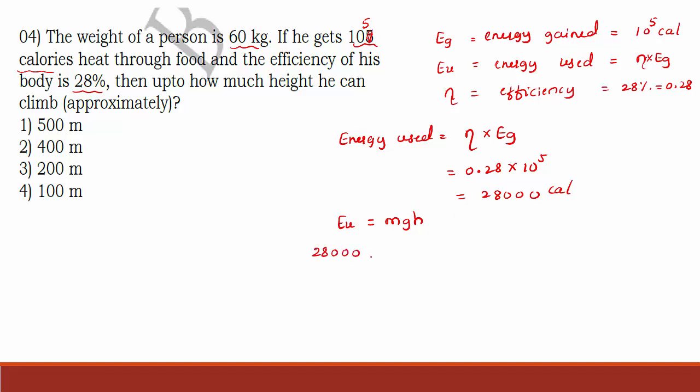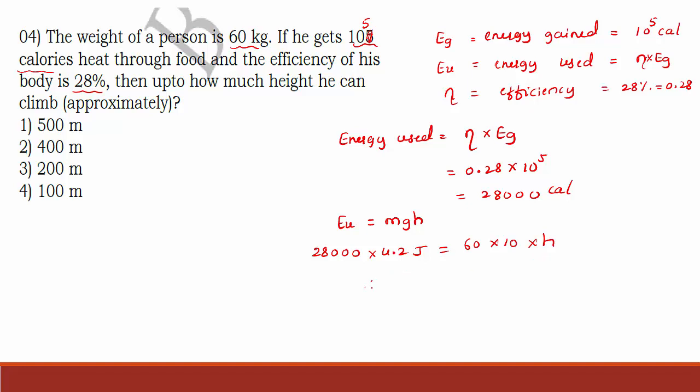Convert in terms of joule, multiply by 4.186, or we can write 4.2 joules, is equal to 60 kg is the weight of the person. 60 into acceleration due to gravity, we can take 9.8, or round up we can take 10, into height h. The question is how much height he can climb.